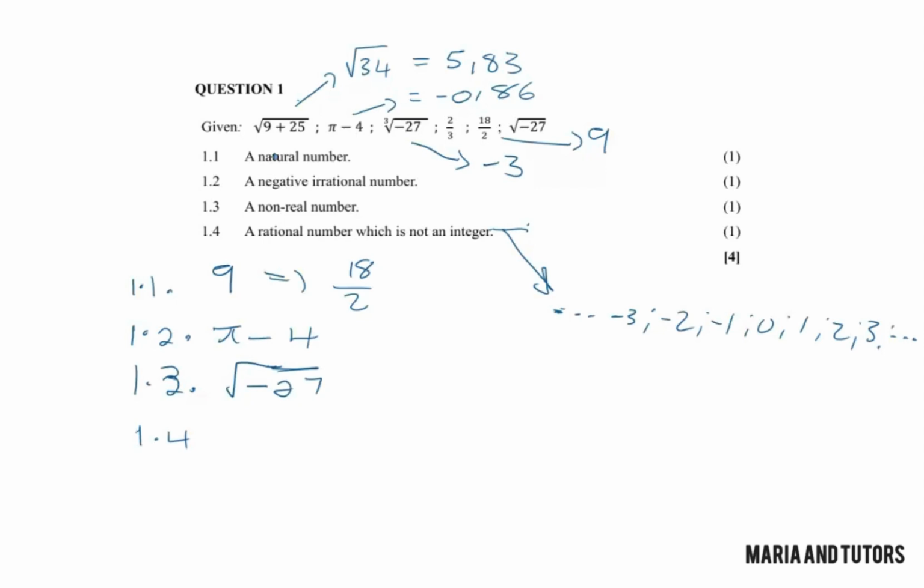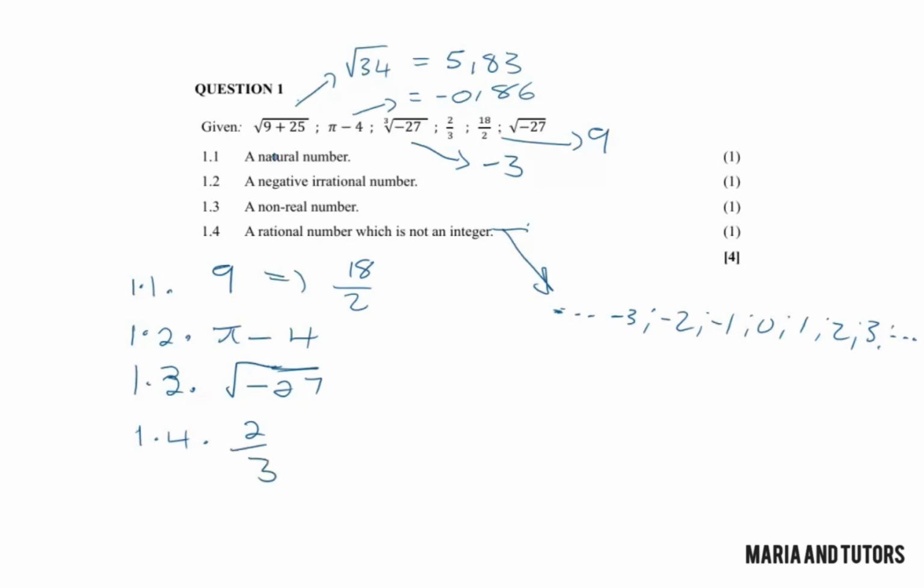Rational numbers include integers as well. They include whole numbers and natural numbers. So in this case, the rational number that is not an integer is 2 over 3.